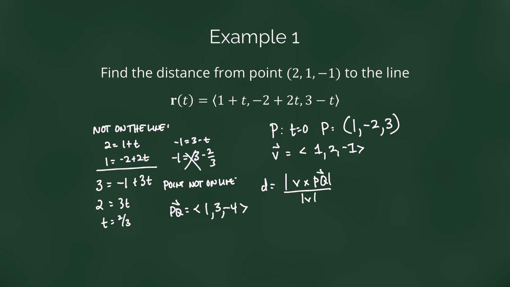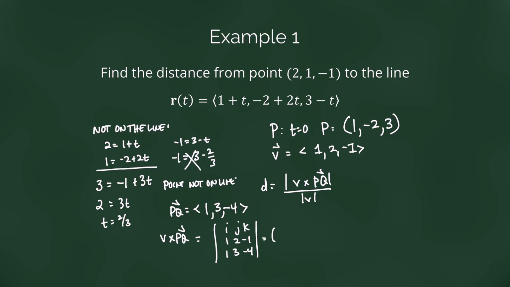Okay, and so let's do v cross PQ. We're going to take the determinant of this matrix: 1, 2, negative 1, 1, 3, negative 4.